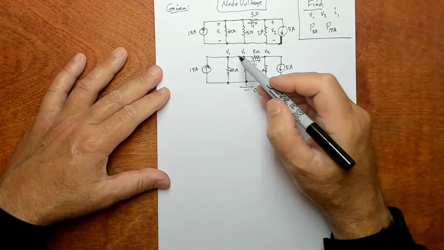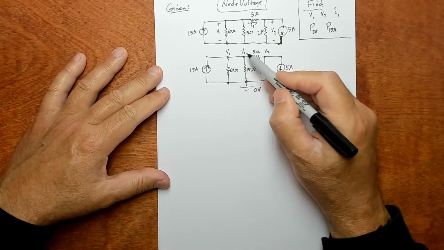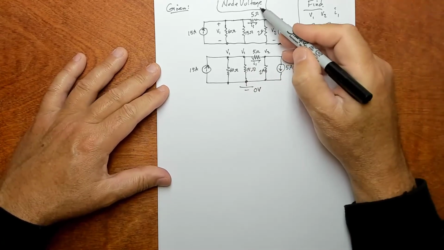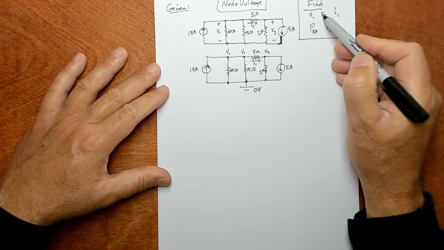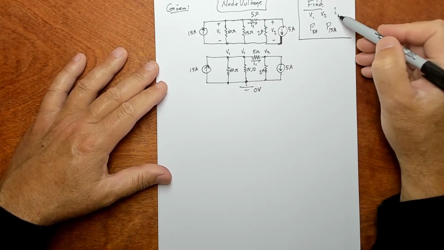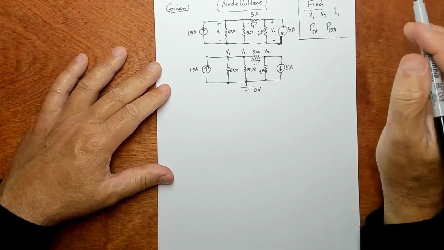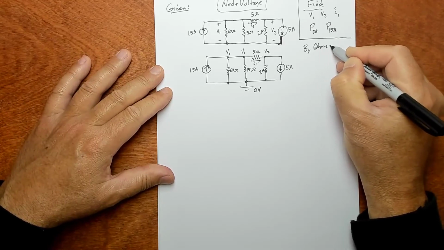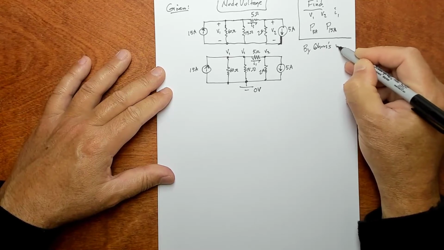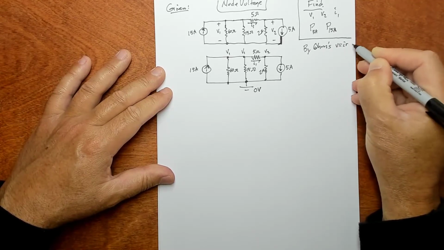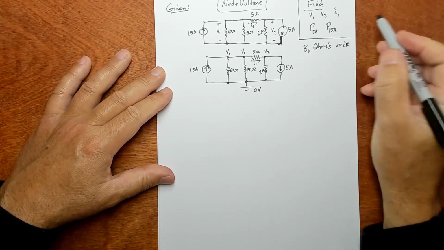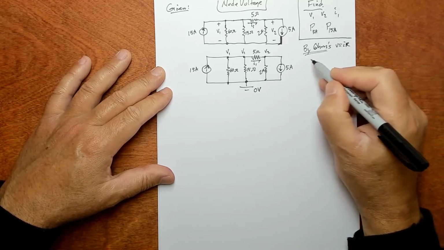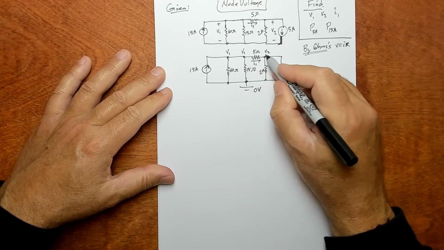Okay, we're going to use node voltage, which is going to produce answers for these V's. So that'll give us these two V's. Just the node voltage method will give us these V's directly. But the I, we need a little bit more work. So, by Ohm's law, anybody remember? V equals IR. You've got to know that guy. So we can put I1 in terms of these voltages and the resistance.